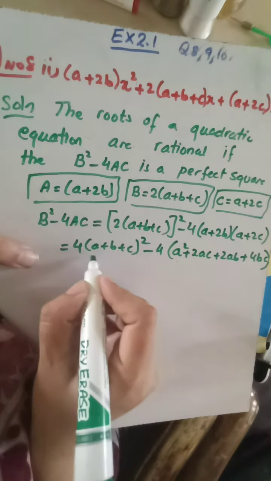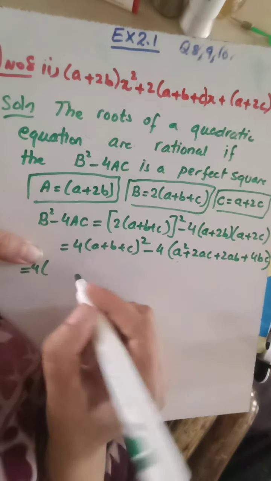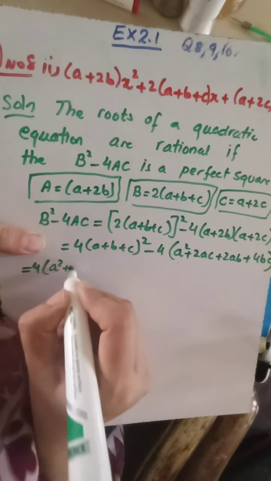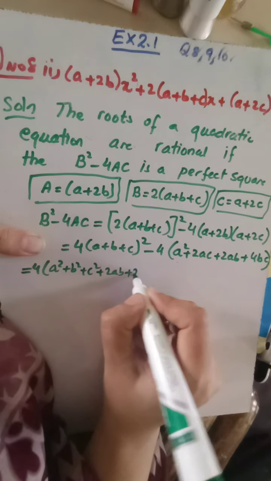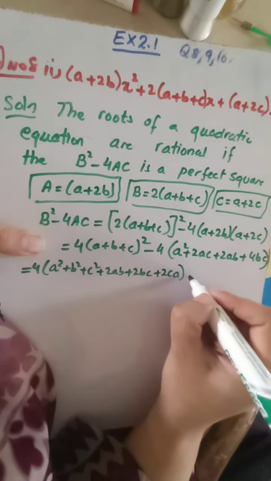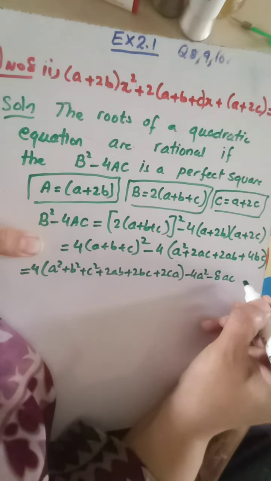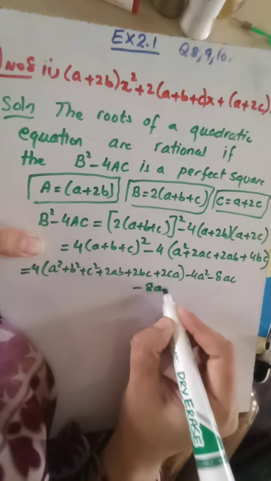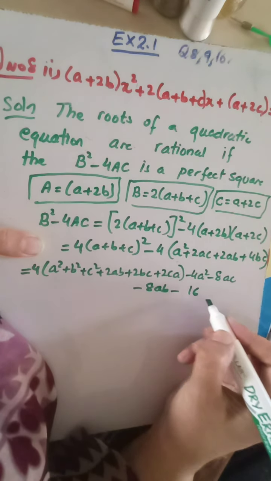Now opening this bracket by using the formula (a + b + c) whole square that we have already learned in class 9, this will be equal to a square plus b square plus c square plus 2ab plus 2bc plus 2ca, minus 4a square, opening this bracket, minus 8ac minus 8ab minus 16bc.